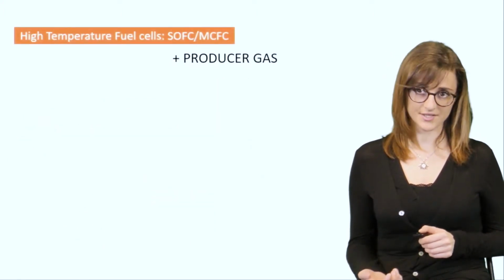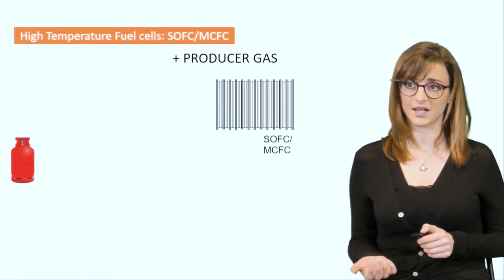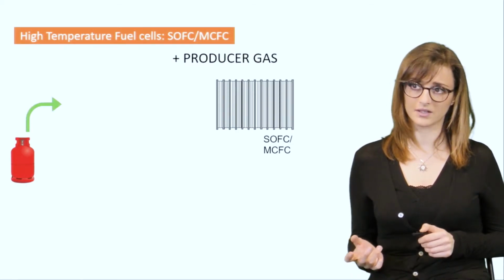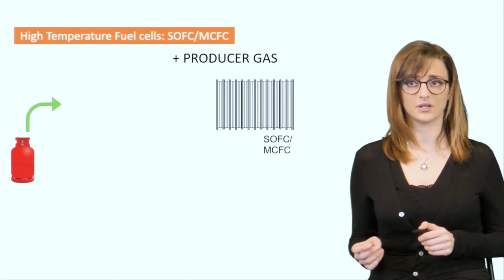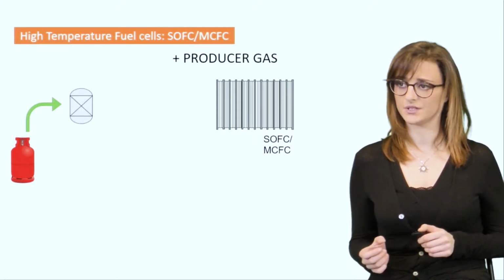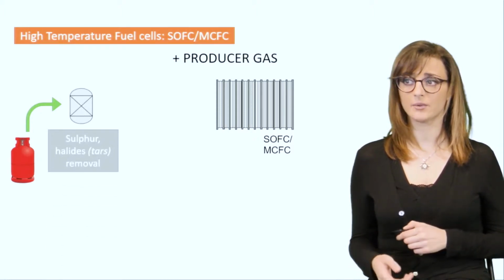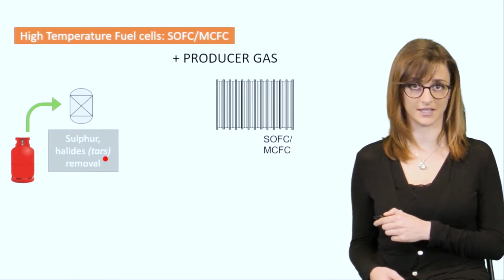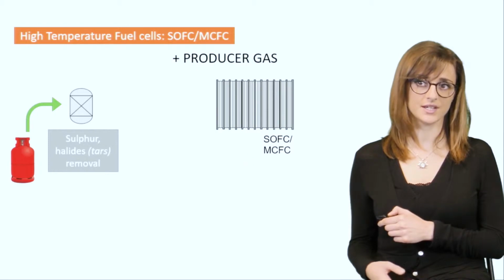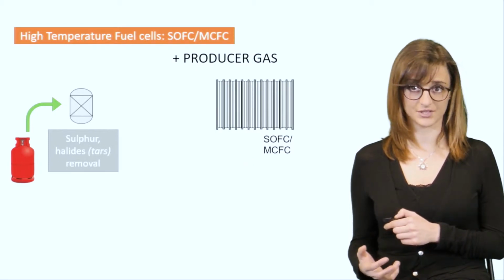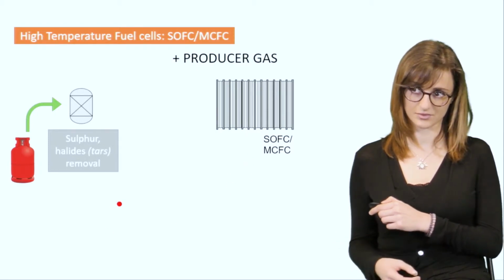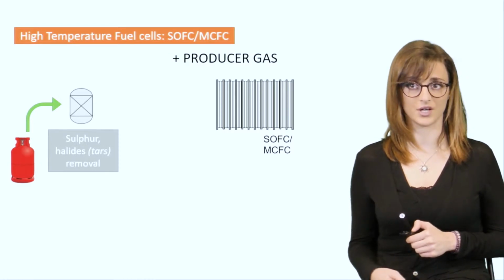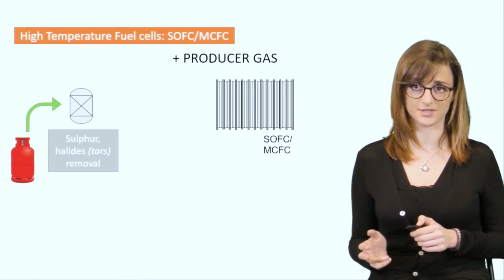So producer gas into a high temperature fuel cell can undergo an easier pre-treatment. This is because still we have to remove sulfur and halides in the gas cleaning stage. Tars is something milder, so we can still have some traces of tars in the gas that we feed to the fuel cell.